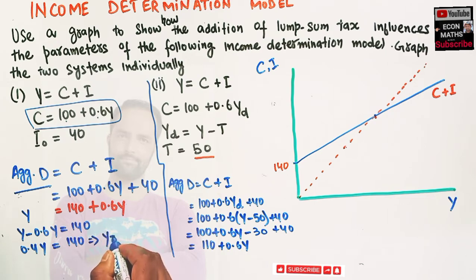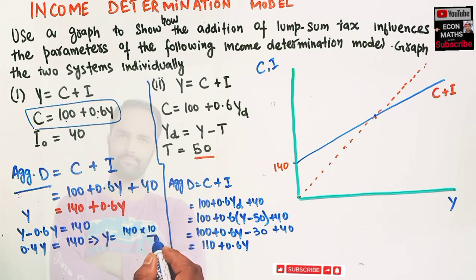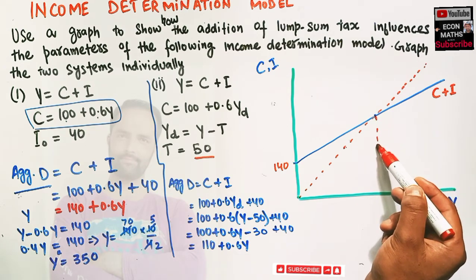So I can write Y is equal to 140 into 10 upon 4. 2 2s are 4, 2 5s are 10. So again 2 7s are 14, and 7 5s are 35. That means our equilibrium level of income will be 350 at this point.